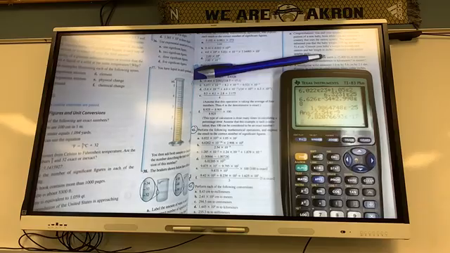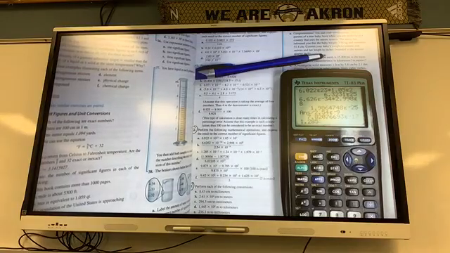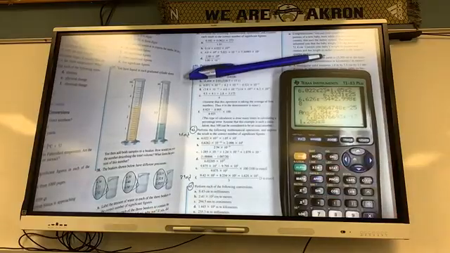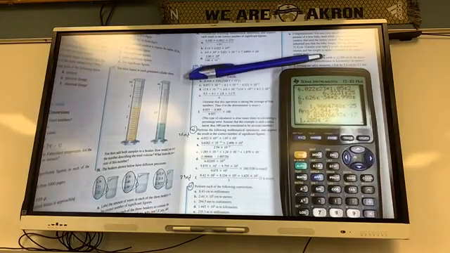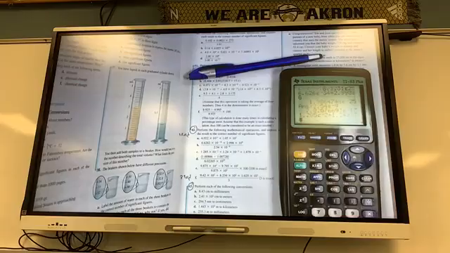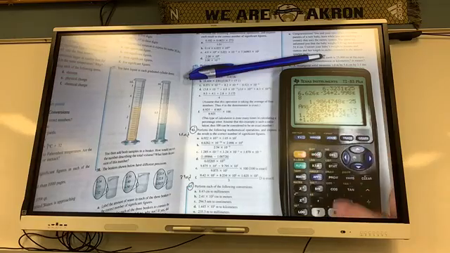Okay, let's do 42C. I've got 1.285 times 10 to the negative 2, so EE negative 2, plus 1.24 EE negative 3, plus 1.879 EE negative 1.